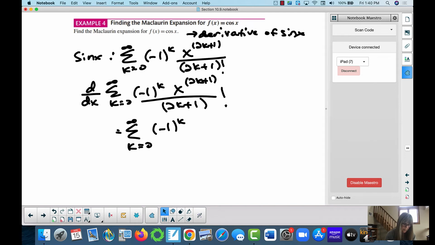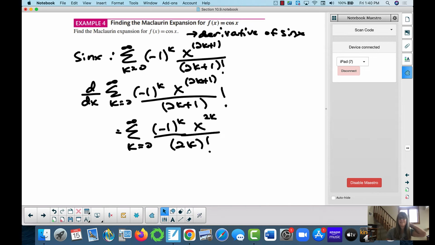That's going to stay the same. But now it's just x to the 2k over 2k factorial. And again, the reason for that is we multiplied by the power that 2k plus 1. And so when we multiplied by the power that 2k plus 1 over 2k plus 1 factorial, that just leaves us with the 2k factorial. Okay, that simplifies to a 2k factorial.